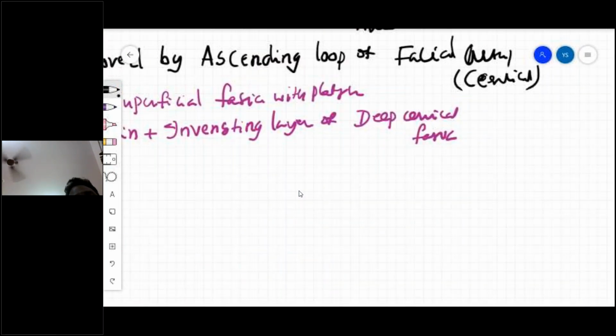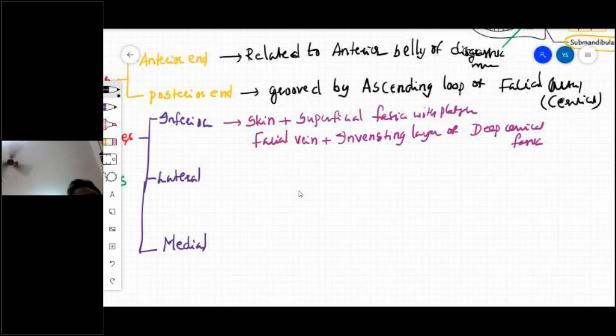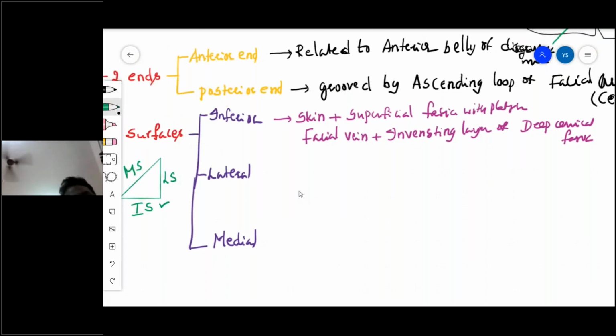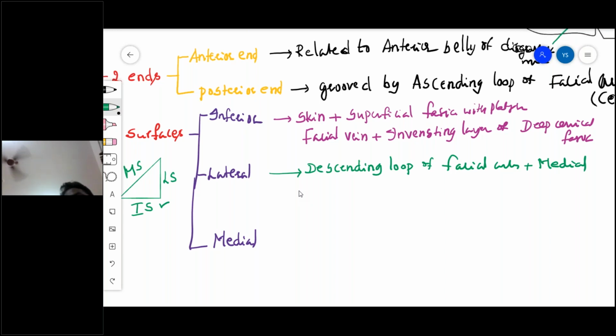So lateral surface related to descending loop of facial artery. The next, medial pterygoid muscle.